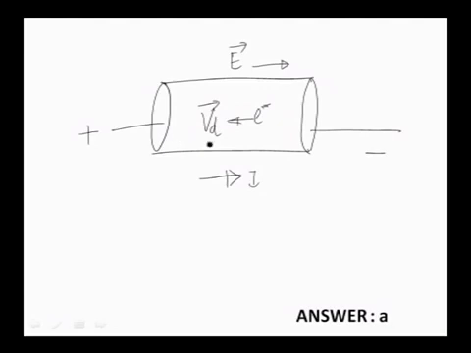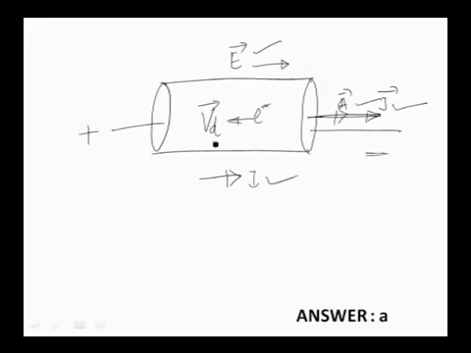Definitely the positive charges are moving in this direction, therefore the current density is in this direction. Similarly, the area vector is also in the same direction. From this diagram we conclude that the electric field, the current density and the area vector are all in the same direction, towards the negative side.